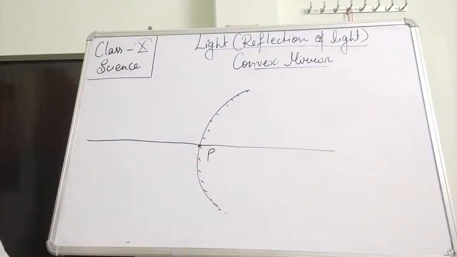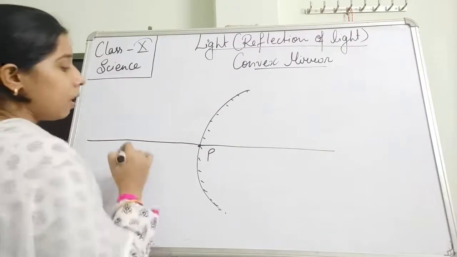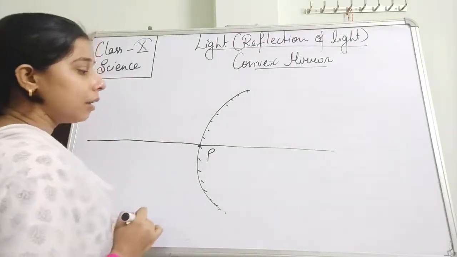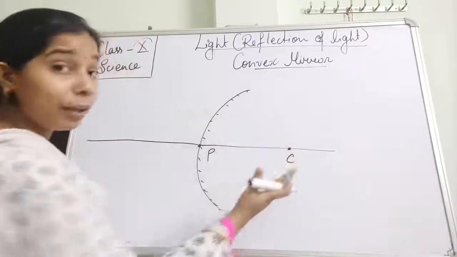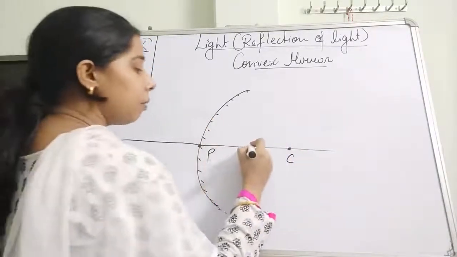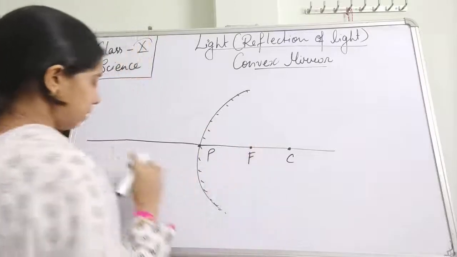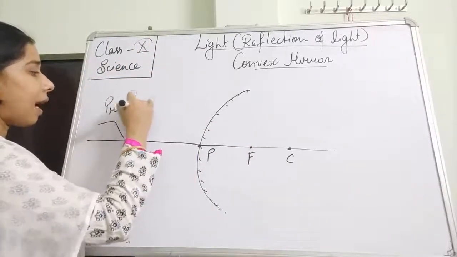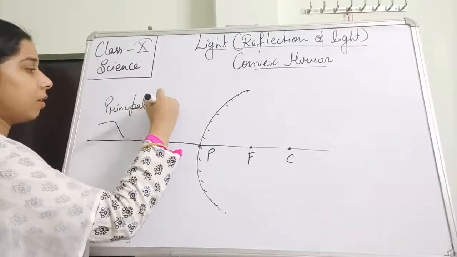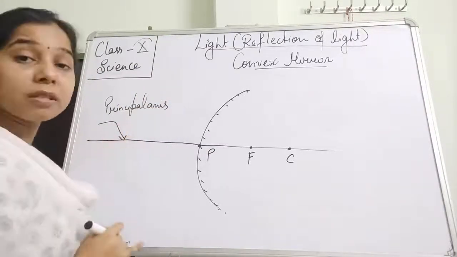The center of curvature will be somewhere behind the mirror, and in between there is a focus. This line is called the principal axis.